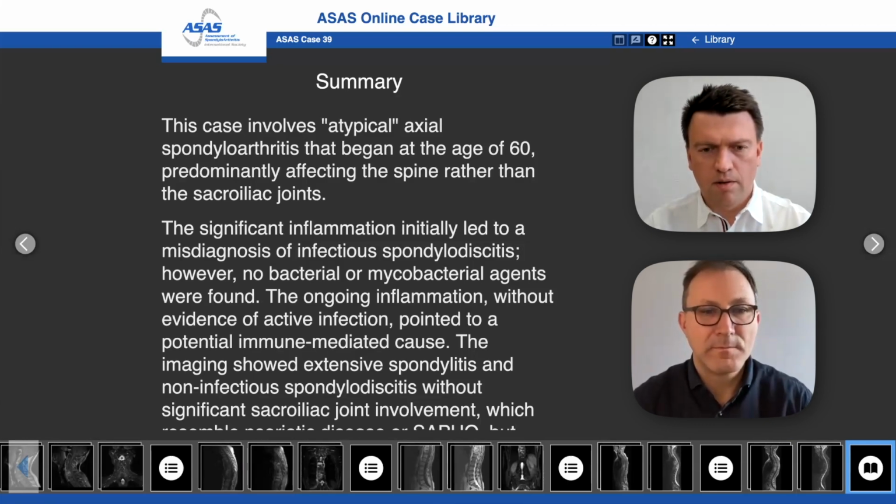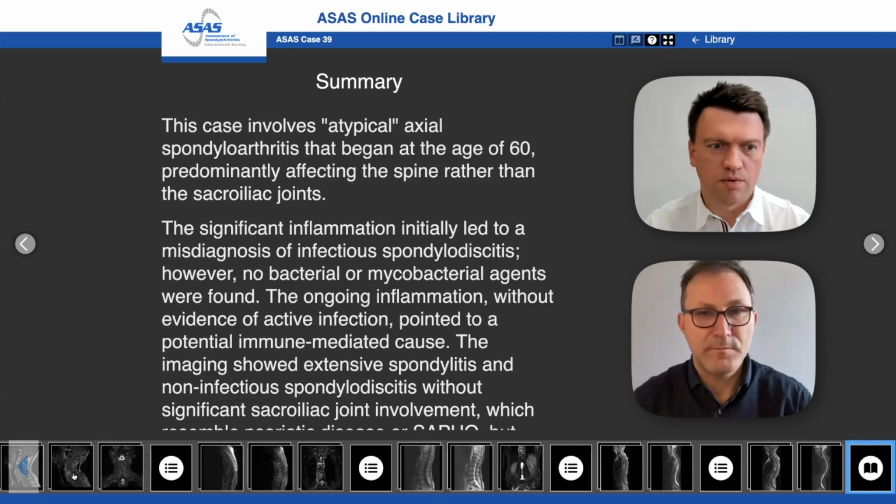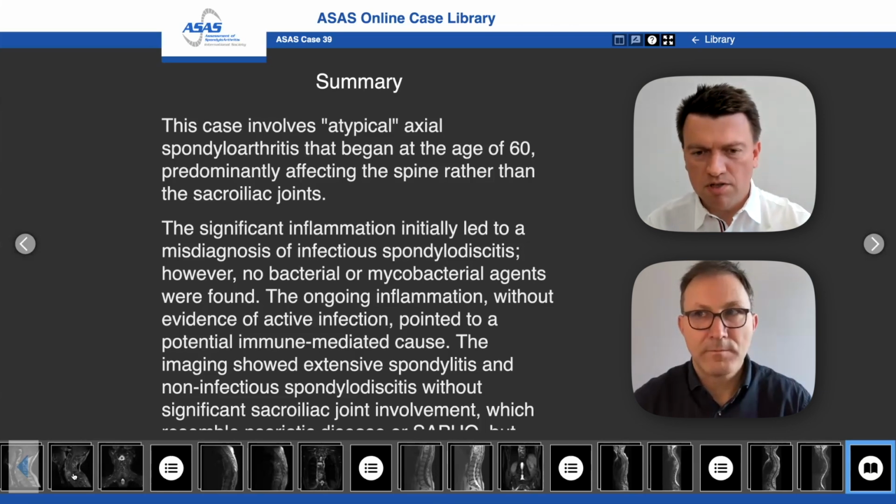But afterwards, I think we could have shortened the delay till rheumatological presentation and treatment. So we still need to do some educational efforts for our colleagues dealing with back pain patients when to suspect immune-mediated spondyloarthritis.